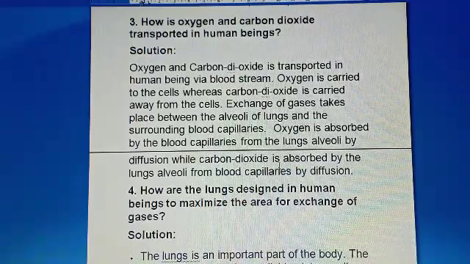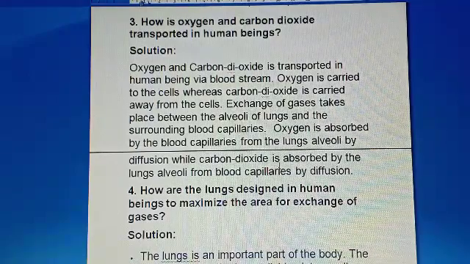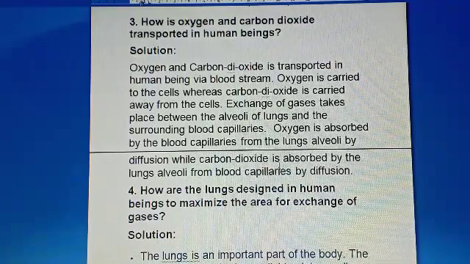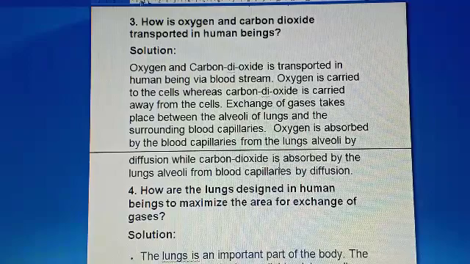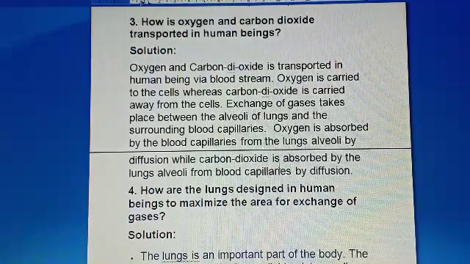Oxygen is absorbed by the blood capillaries from the alveoli by diffusion, while whatever carbon dioxide is formed is transferred to the alveoli, and by the diffusion process it is exhaled from the body.